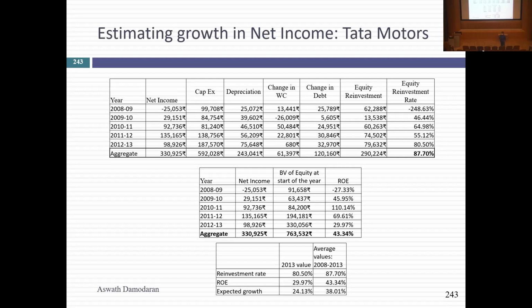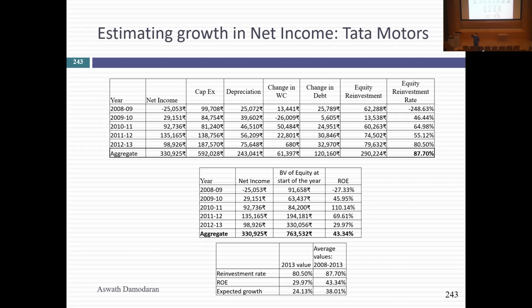So with that skepticism built in, if those retention ratios and returns on equity are right, your expected growth rate is going to be 38% with the average numbers. In fact, if I use just the 2013 numbers, I get a slightly lower growth. I think both those numbers are being pushed up because my return on equity is so high.